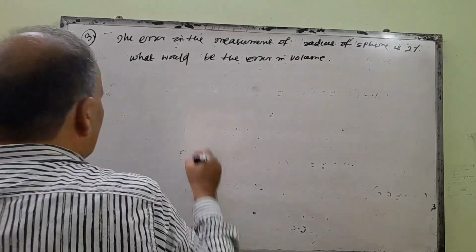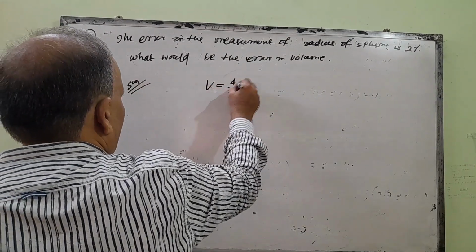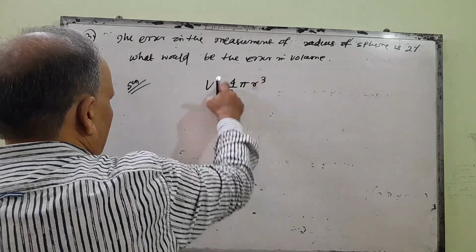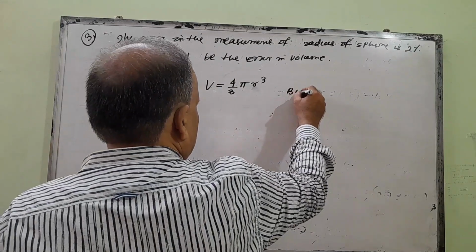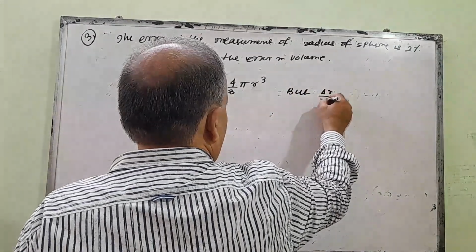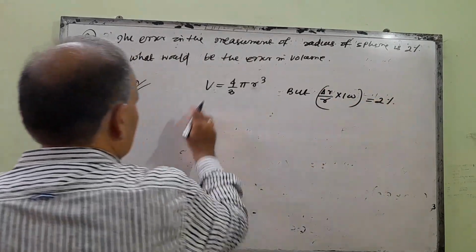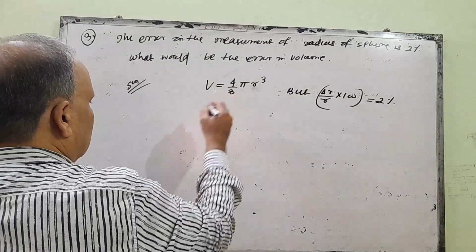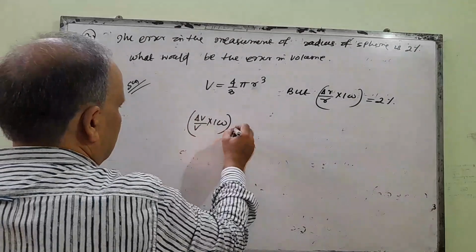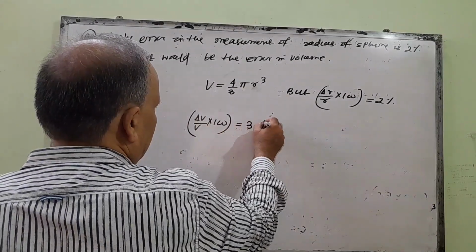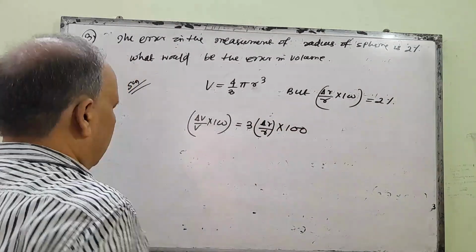You see, we know volume of a sphere V is equal to 4 by 3 pi r cube. You see 4 by 3 pi, these are constant, but it is given delta r by r into 100 is your 2%. So apply according to this formula, delta V by V into 100, this is the percentage error of a volume, is equal to 3 into delta r by r into 100.